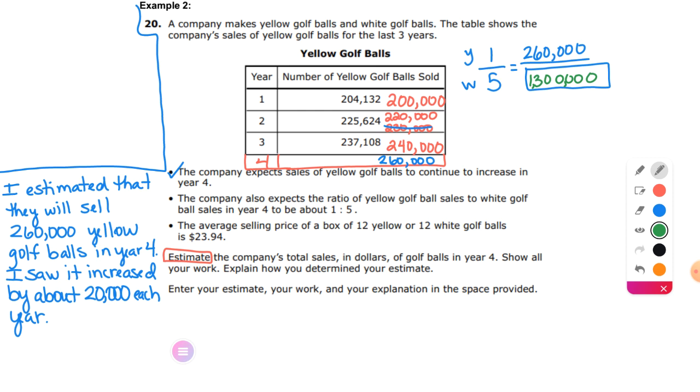In year 4. So I'm going to write this right here so I know that my white in year 4 is 1,300,000. So there's our work. Now we have to show our work, and tell why we did that.